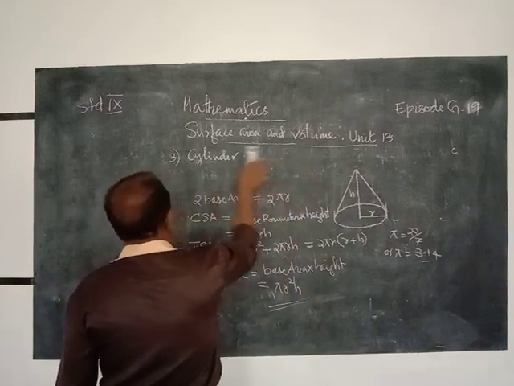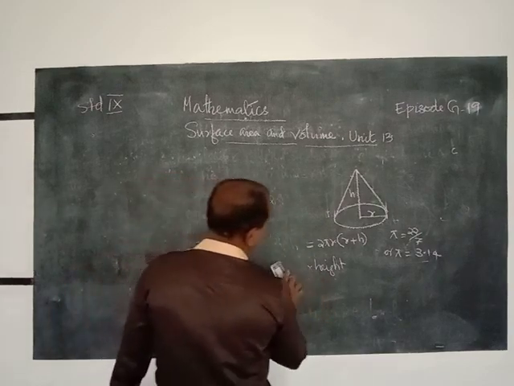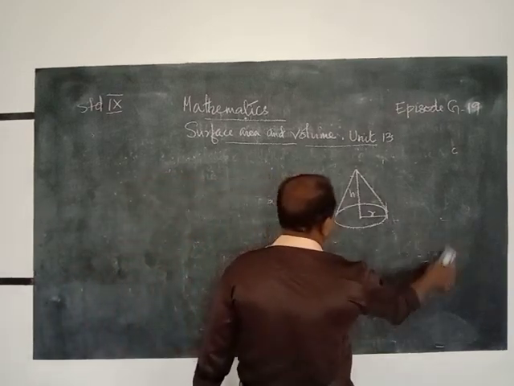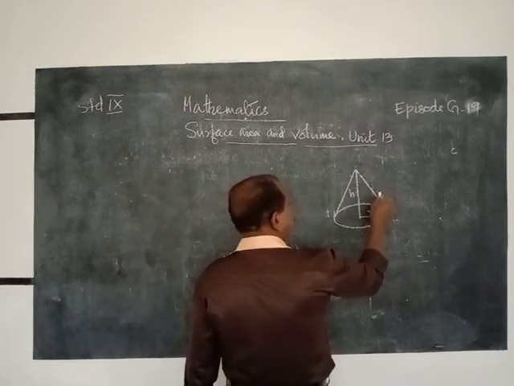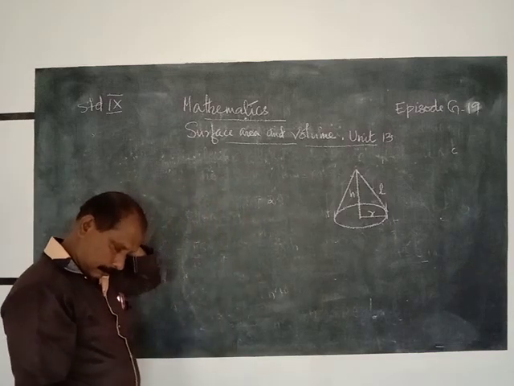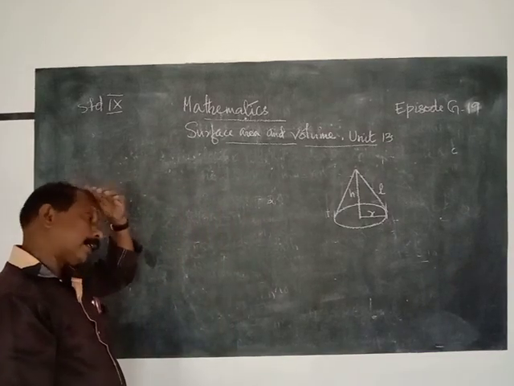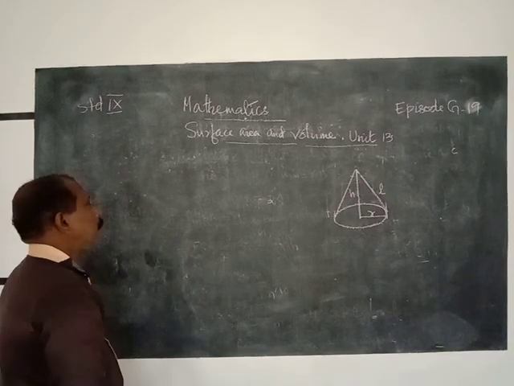Therefore, fourth one is cone. Therefore, this length on the lateral surface is the slant height. Okay.